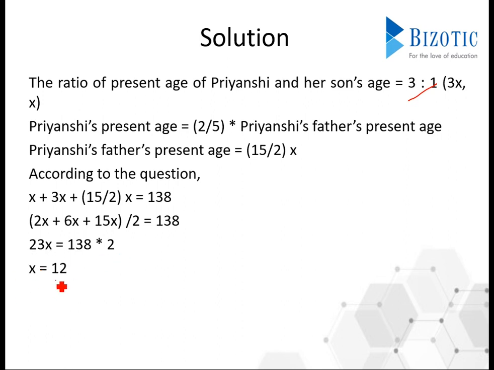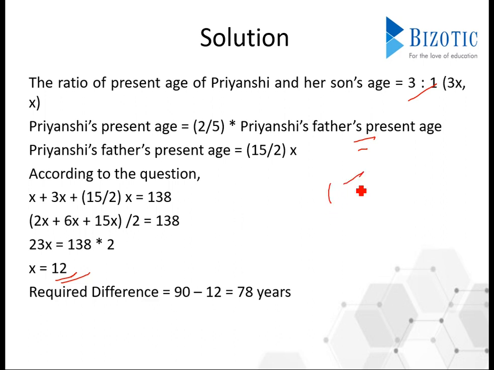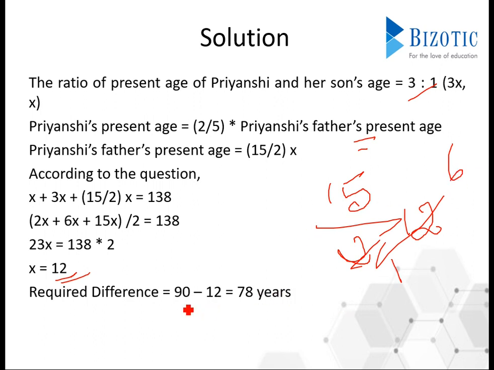And this 12 is the age of Priyanshi's son. But they have asked us for the difference between the father's age and the son's age, so you have to calculate the father's age. Father's age is 15 divided by 2 into x. What is x? We already calculated it. 2 ones are 2, 6 fives are 30, 15 sixes are 90. So 90 minus the son's present age of 12 is equal to 78 years.